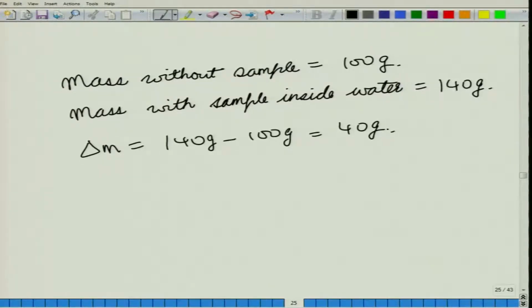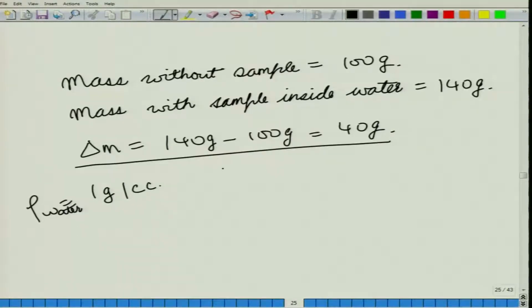We know that the density of water at 4 degrees Celsius is 1 gram per cubic centimeter. So, we can calculate the volume of water that has been put in by using the equation: the density is given by the mass upon volume.